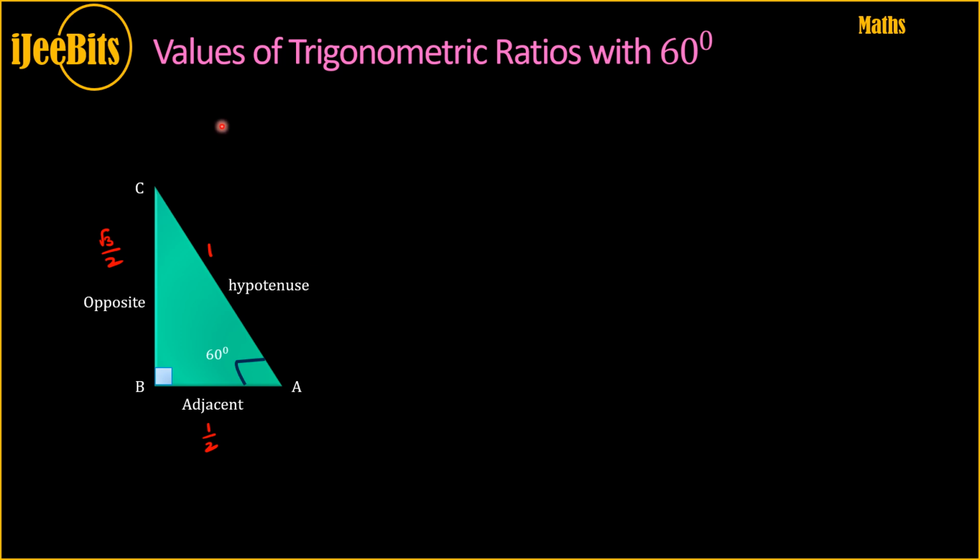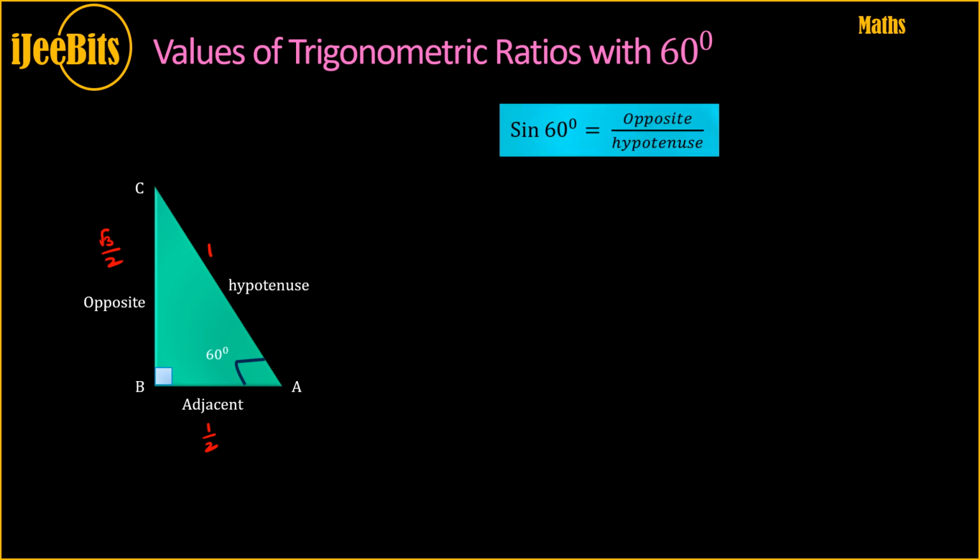Similarly, let's look at the values of each trigonometric ratio when theta equals 60 degrees. Angle A is 60 degrees. Okay, let's get started. Sine 60. Can somebody help me understand what is meant by sine 60 here?